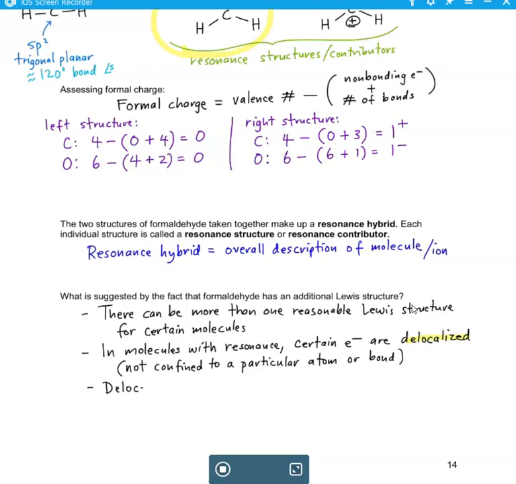Typically, when that happens, the delocalization of electrons lowers the energy of the structure that they're contained in. We'll use capital E for energy, so we don't have to write out energy every time.